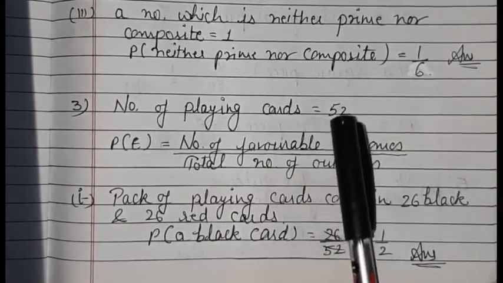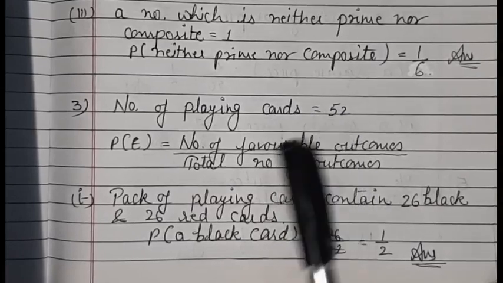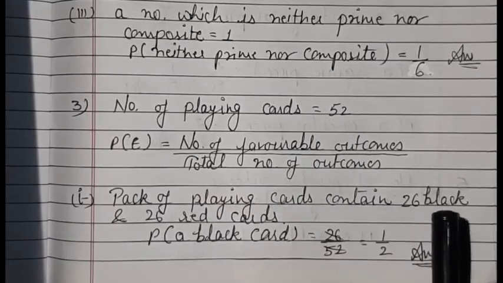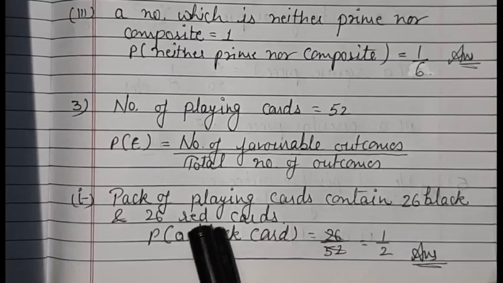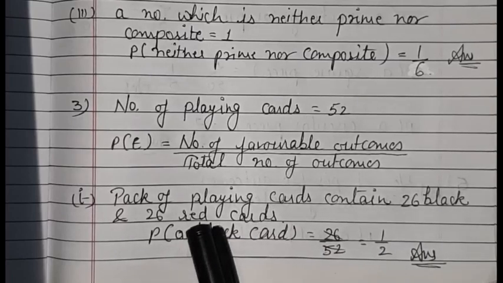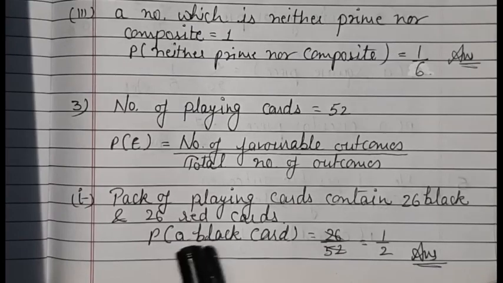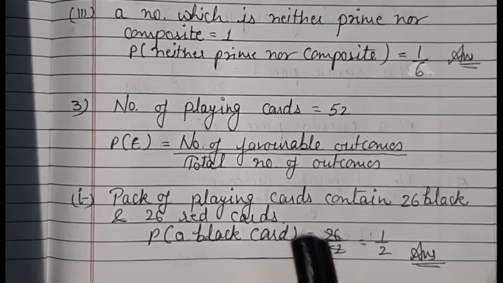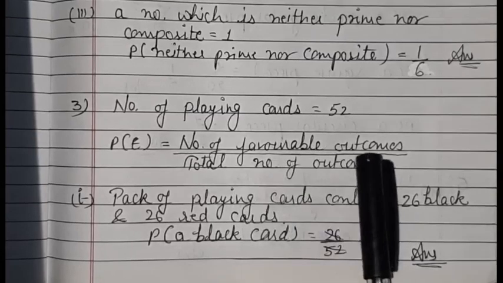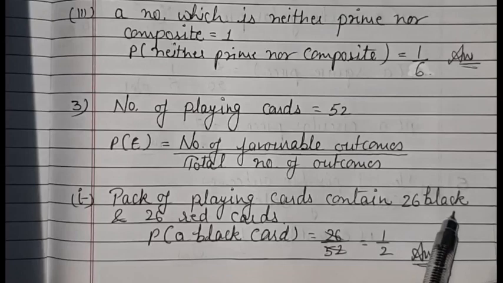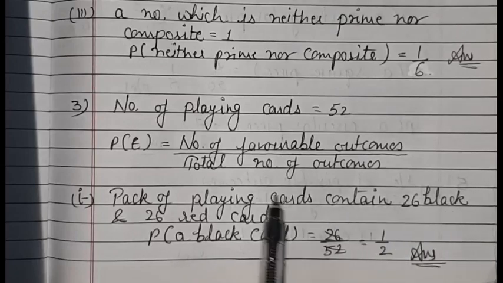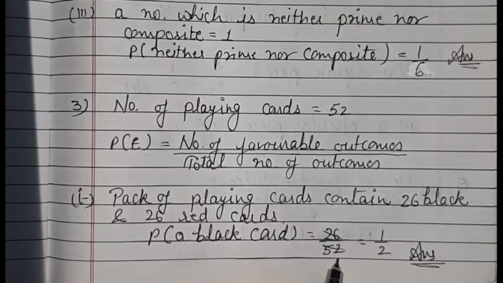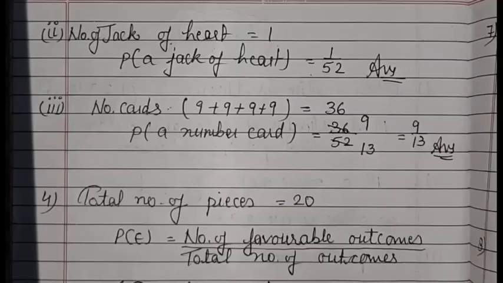Because in these 52 playing cards, 26 cards are black and the other 26 cards are red. Right? If we calculate the probability of a black card, it will come 26 by 52 using this formula. Favorable outcomes are 26 upon total number of outcomes 52. Right? So 26 by 52, 1 upon 2 is the answer.